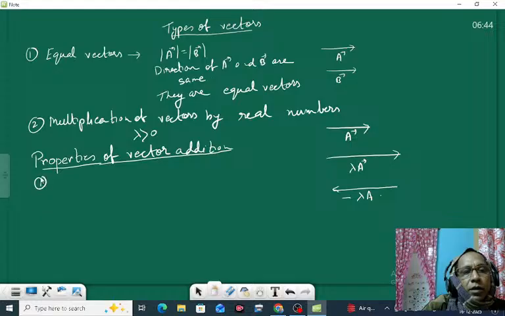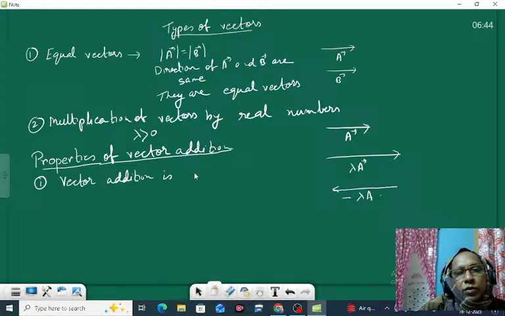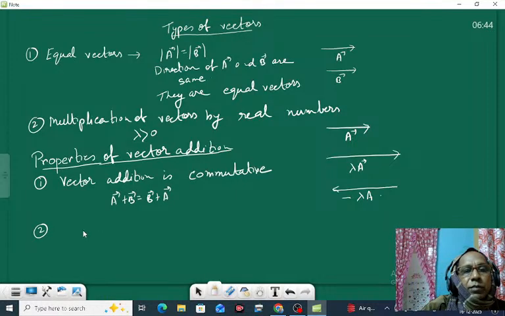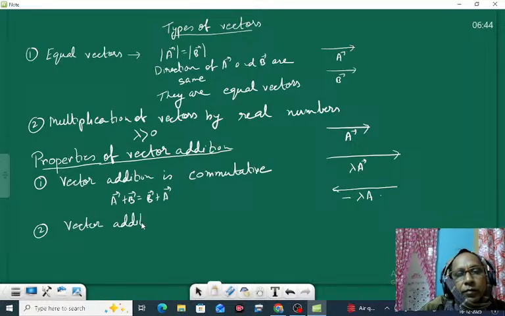That means vector A plus vector B is equal to vector B plus vector A. And number two is that vector addition is associative also. These two laws you have to know.